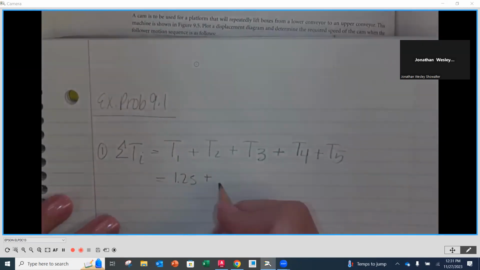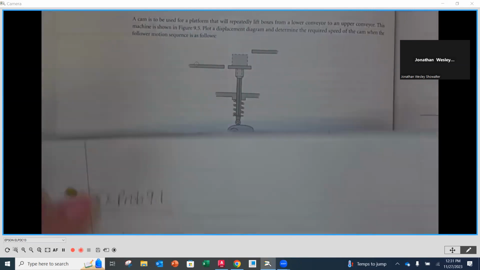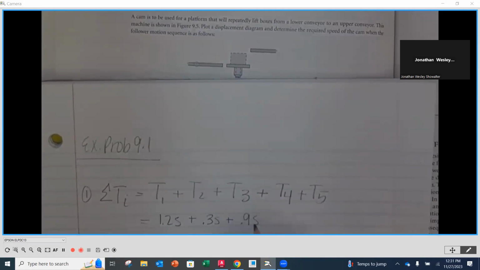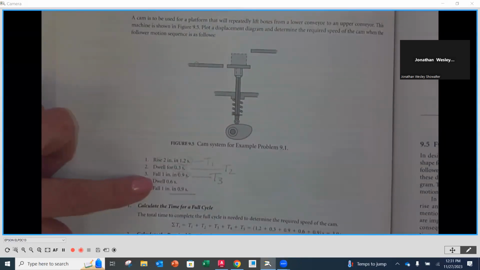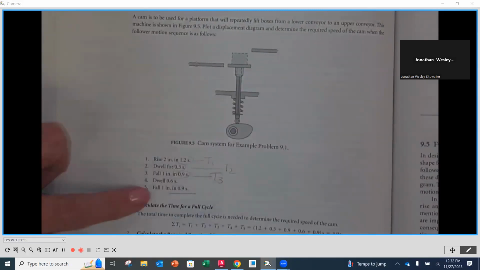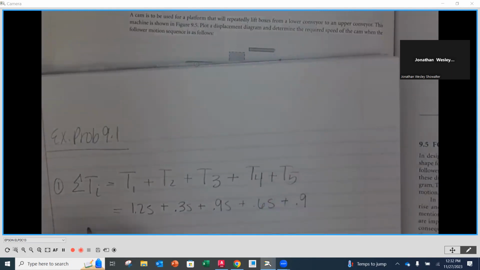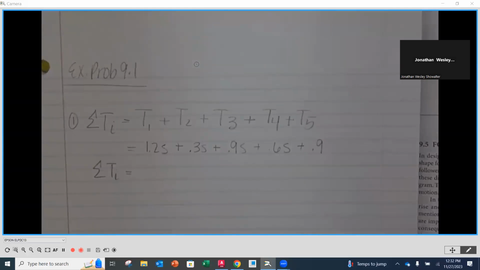So that's plus 0.3 seconds plus 0.9 seconds plus 0.6 seconds. And then our last one is 0.9. So the summation of our Ti, the total time for 1 revolution around our cam, will be what?